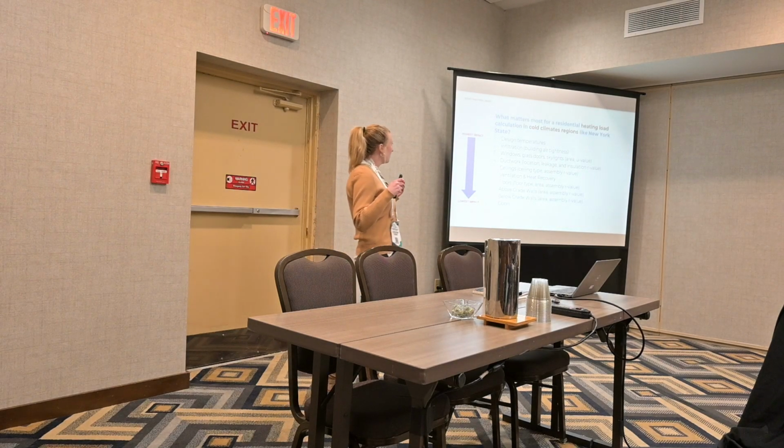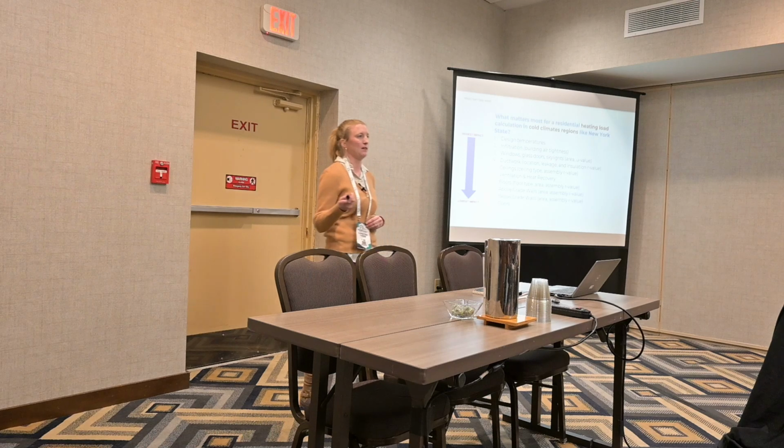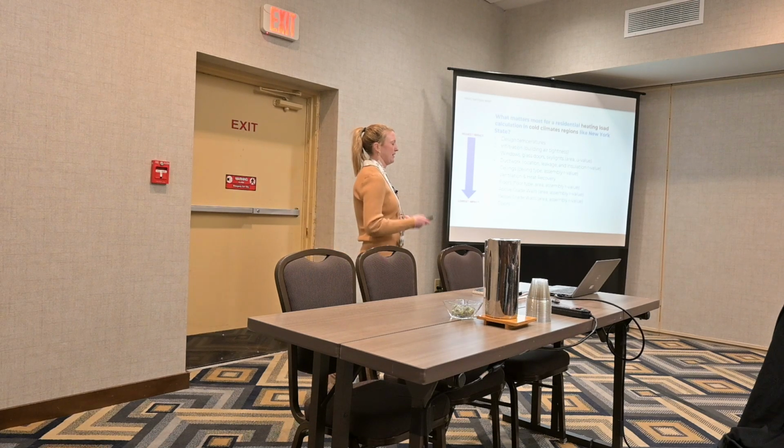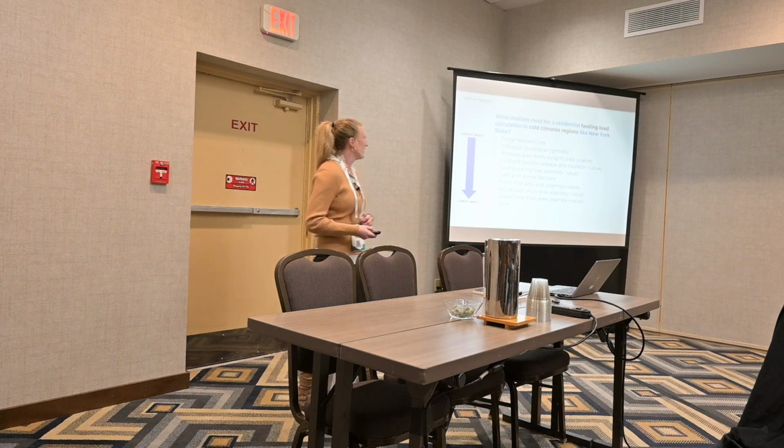When you're capturing data about the home, it's really good to understand what's going to have the highest impact on your load calculation versus what might be okay to not get 100% accurate.